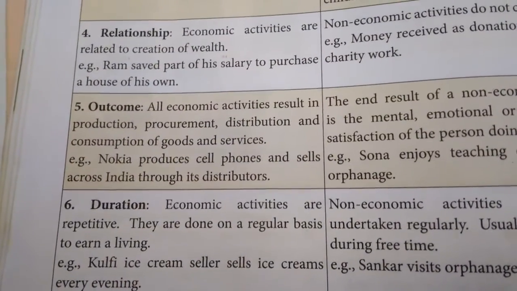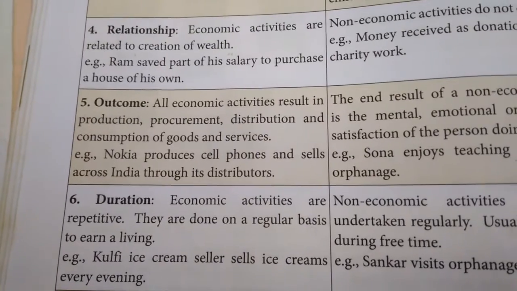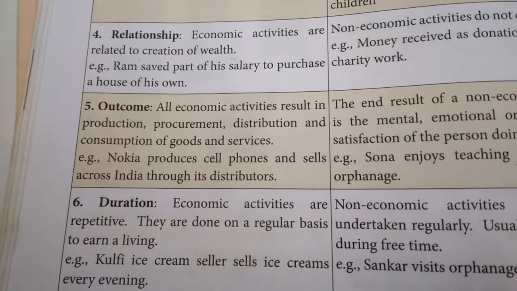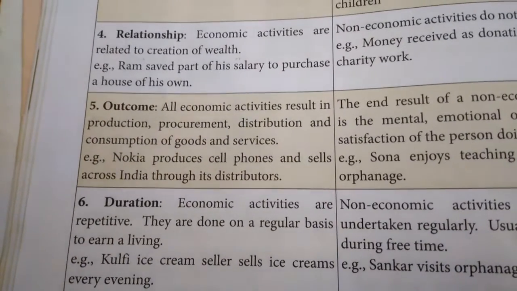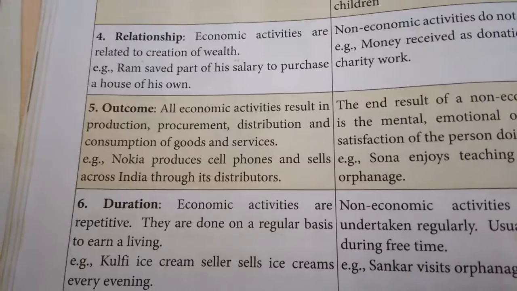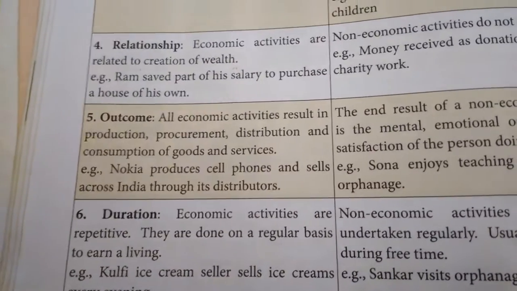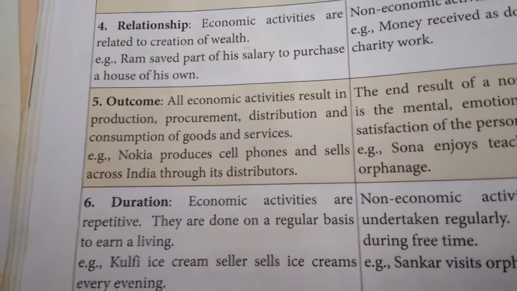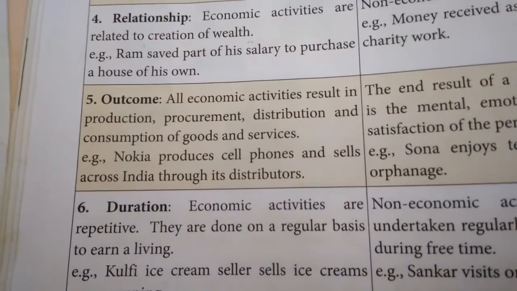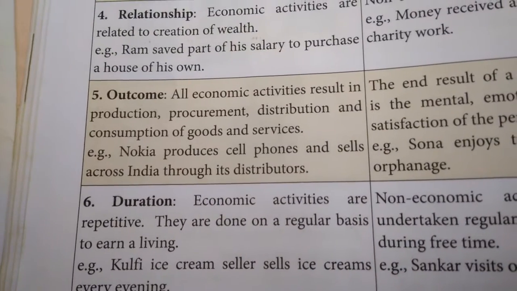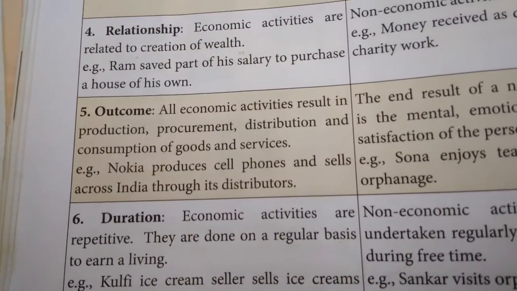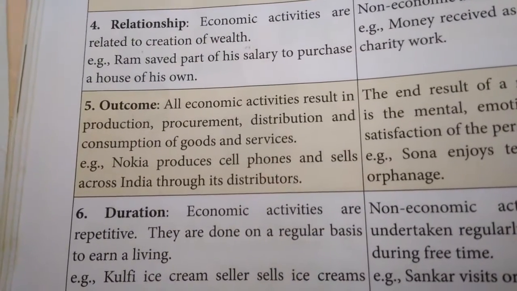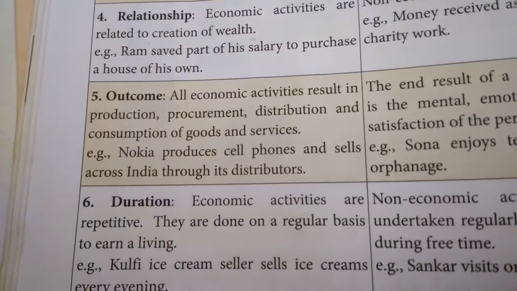Whatever we do for the purpose of earning money, it is expressed in the form of production, procurement, distribution and sales of goods. For example, a company sells a product to the consumer for the purpose of earning money. Otherwise, some producers produce commodities for the purpose of earning more profit.